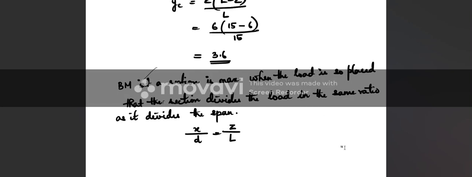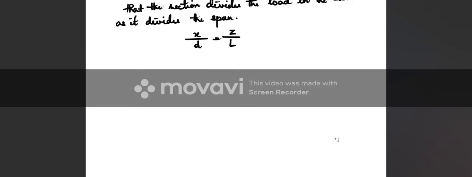So you have to find out what is X by D, I mean, what is the position X, how you have to position your load. So X by D, where 5 meters was the length of the UDL, is equal to 6 by 15. From this you get X as 2.